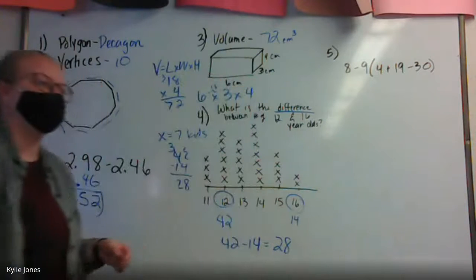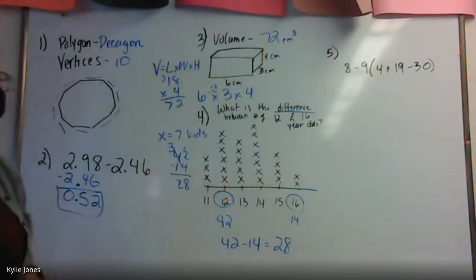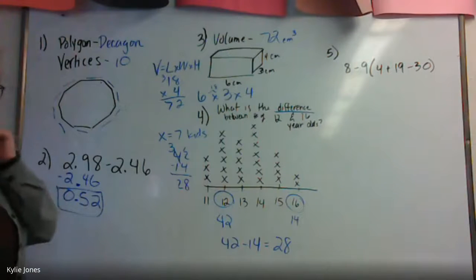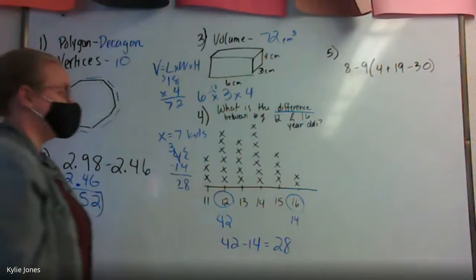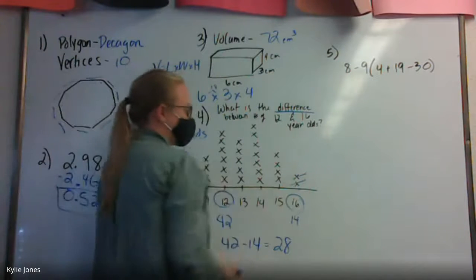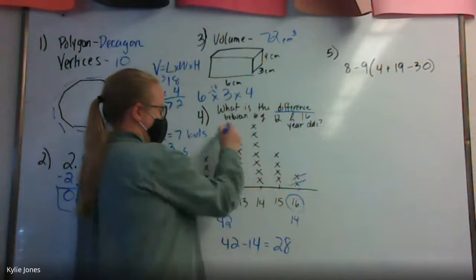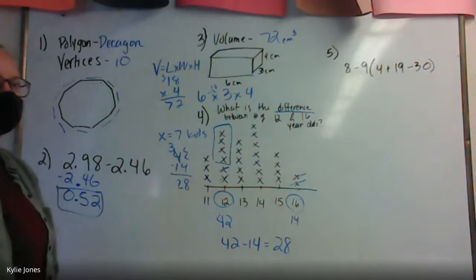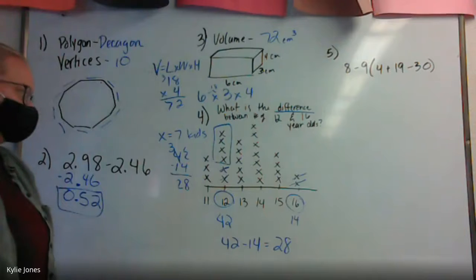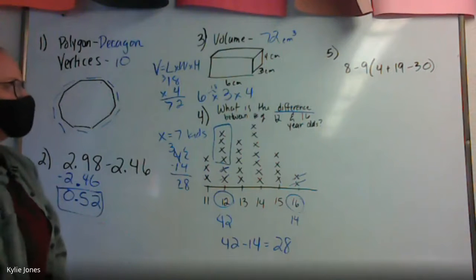So 28 more kids are 12 years old than 16. You could also have said, okay, 2 of those go away, so what's 4 times 7? 28. That is a good way to do it. You could do it that way as well.